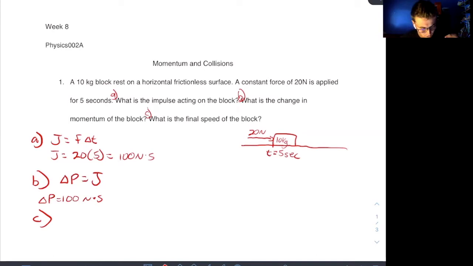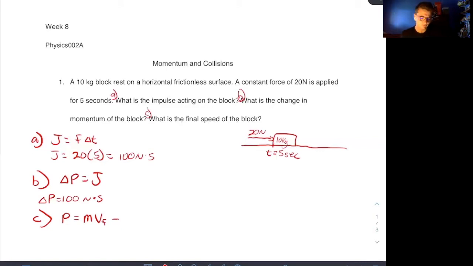We can find this final speed by using our momentum equation. The change in momentum is going to be the mass times the final velocity minus the mass times the initial velocity.